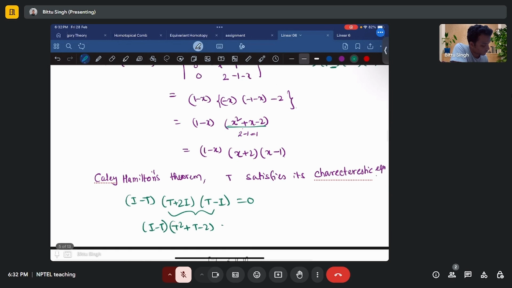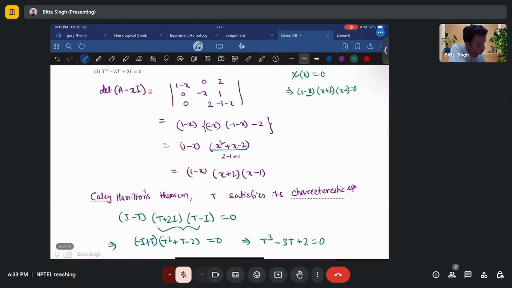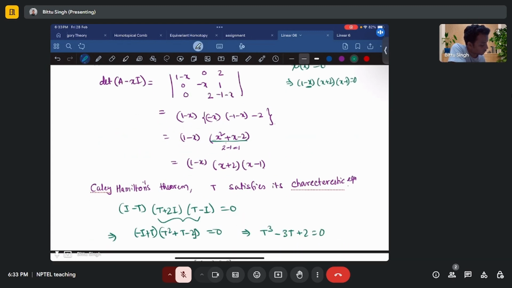Taking a negative sign, this becomes T cubed, then minus T squared plus T squared cancels, then minus 2T and minus T, which is minus 3T, and plus 2I.